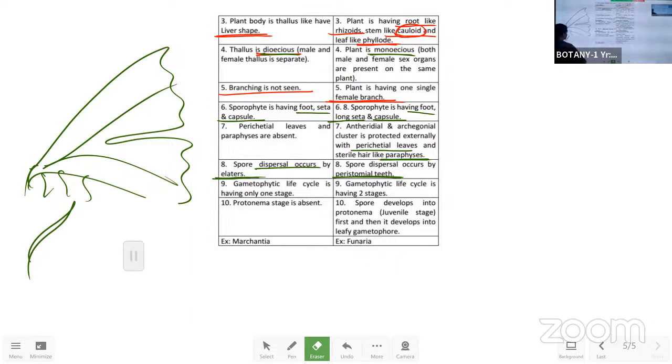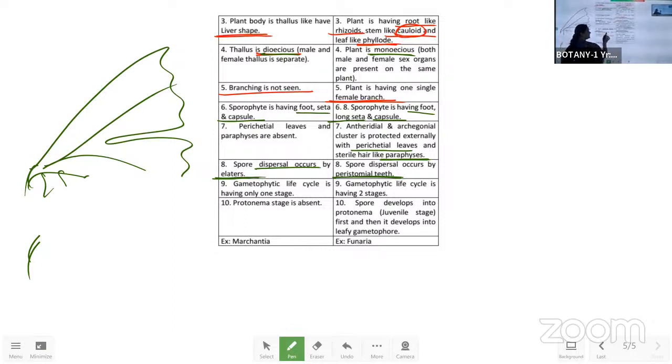These are the elaters. Now comes the next one. The gametophytic life cycle has only one stage in the liverworts, whereas in the mosses, it has two stages: the protonema, which develops into the leafy gametophore. That is Funaria, and here in the liverworts the example is Marchantia.